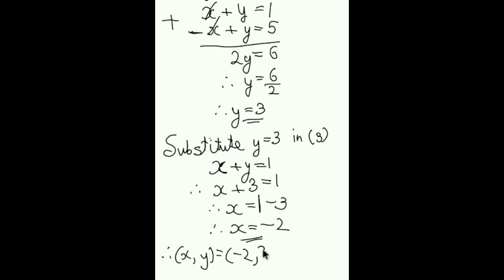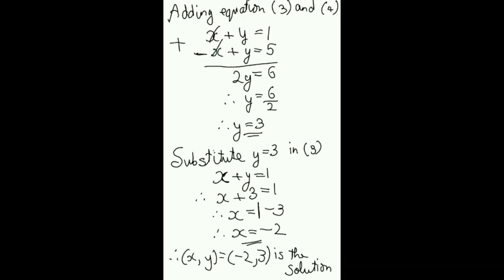First we write the value of x, then the value of y. So x comma y is equal to minus 2 comma 3 is the solution. This is how you will solve such type of equations.